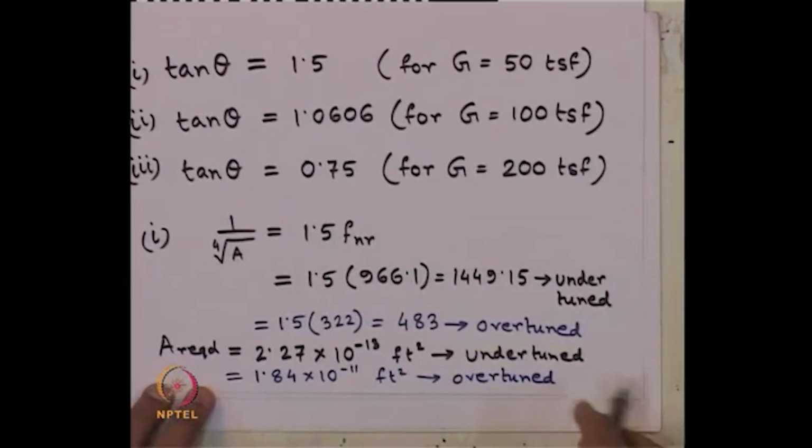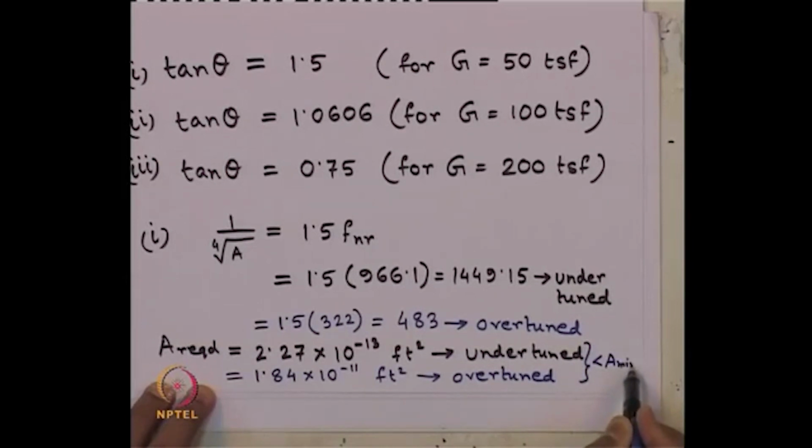Both of them are much less than A minimum, whatever is required based on the dimensional criteria. Okay. So, why does such a low value come? We will see soon. It seems that the base plate of the machine, whatever is provided, is already very, very good enough to take care of the vibration.